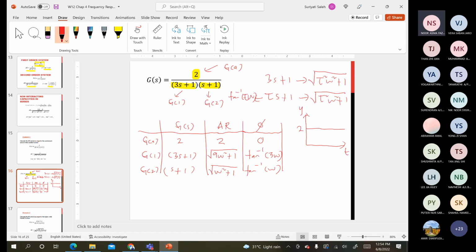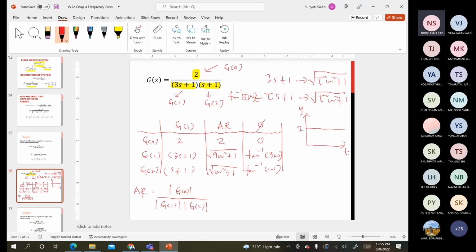So we have the transfer function like this. And then the next step is to compile it in the form of the amplitude ratio. For the AR, normally we put the modulus of GA over G1 and G2.